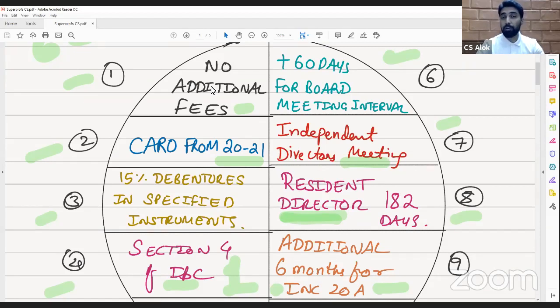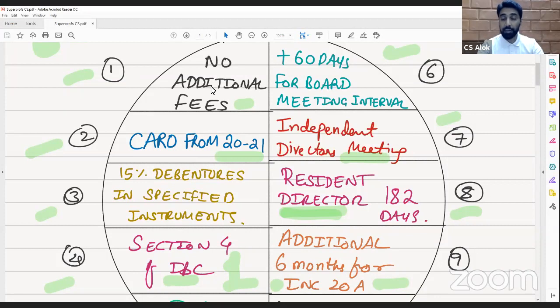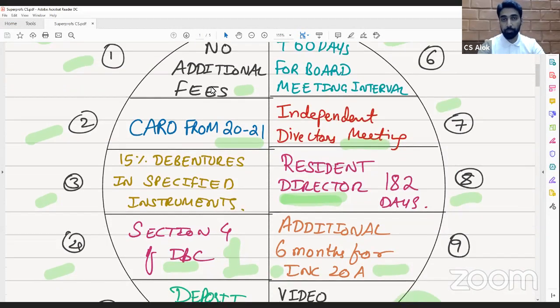But now, because of COVID, because people are not able to move around and companies are not functioning properly, the government is going to give no additional fees. So normal fees you can pay. Even those who did not file for many years, this is the time they can escape. They can file these forms without additional fees. Because of this problem, everybody gets a relaxation. I'll discuss that in detail. First, I'm just doing an overview.